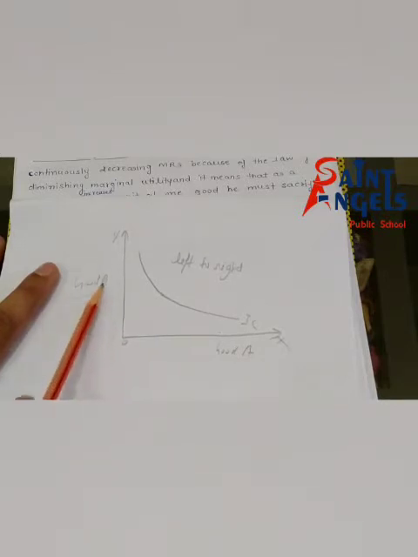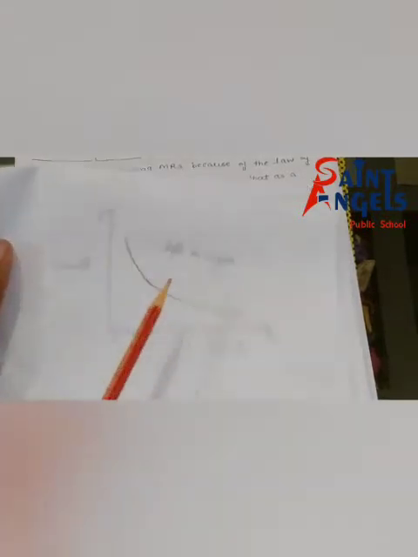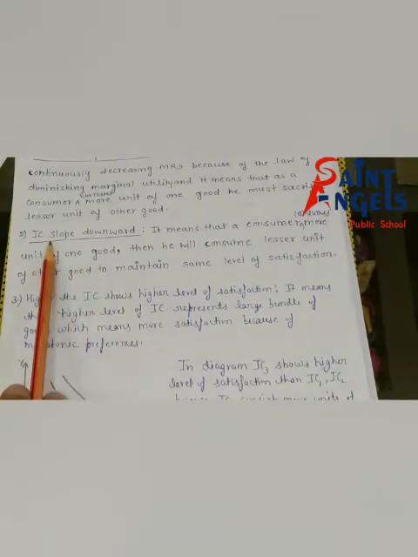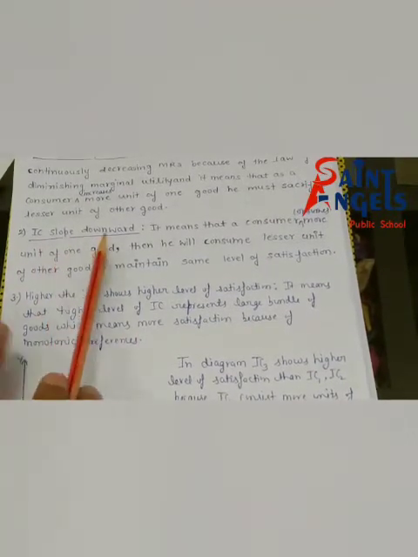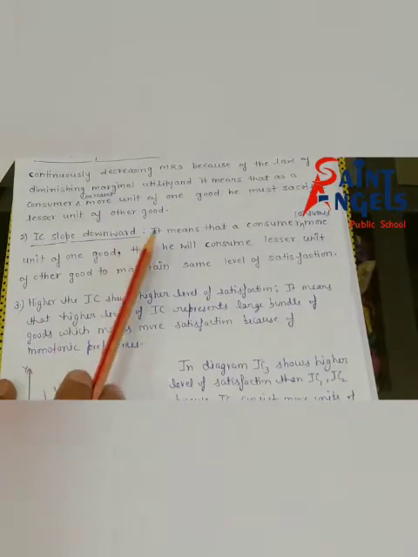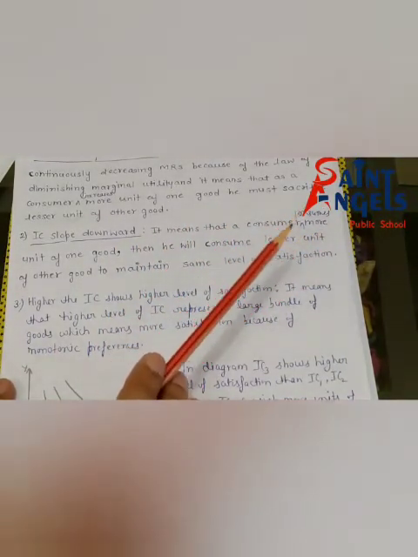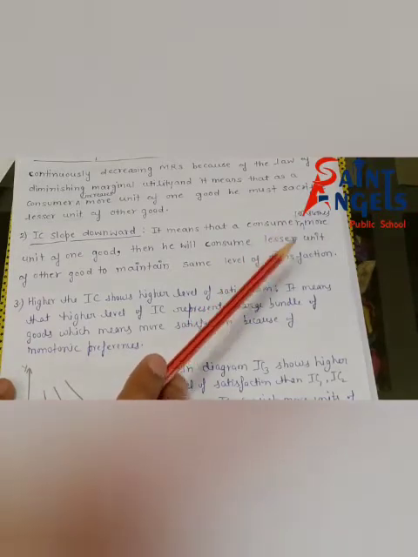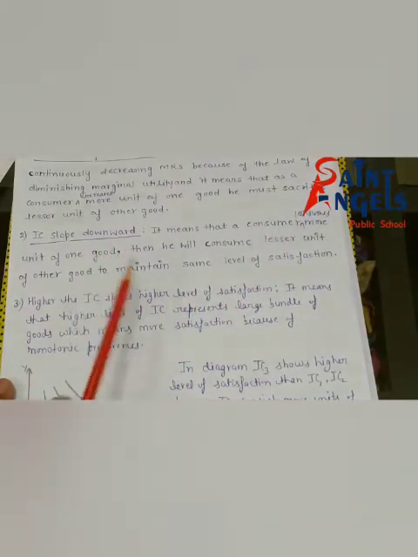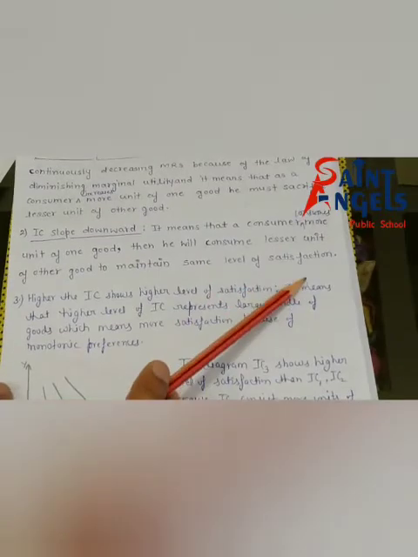I hope all of you have understood. The second property of IC is that it is downward sloping because if a consumer consumes more units of one good, he will consume fewer units of the other good to maintain the same level of satisfaction.